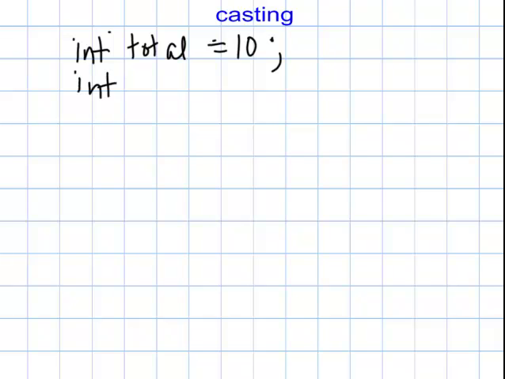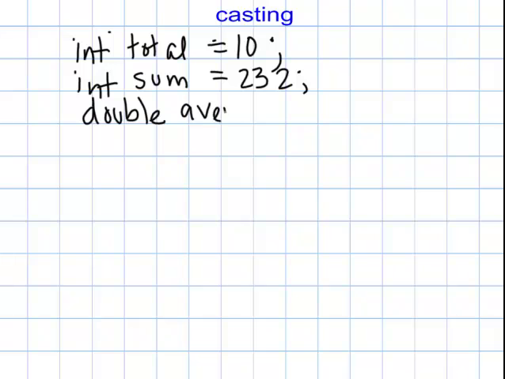Let's declare another integer, named sum, and say that we either assigned it 232 like this, or we have added up a bunch of numbers and got 232. Let's have a double, and we'll call it average, and we are not going to fill that with anything quite yet.